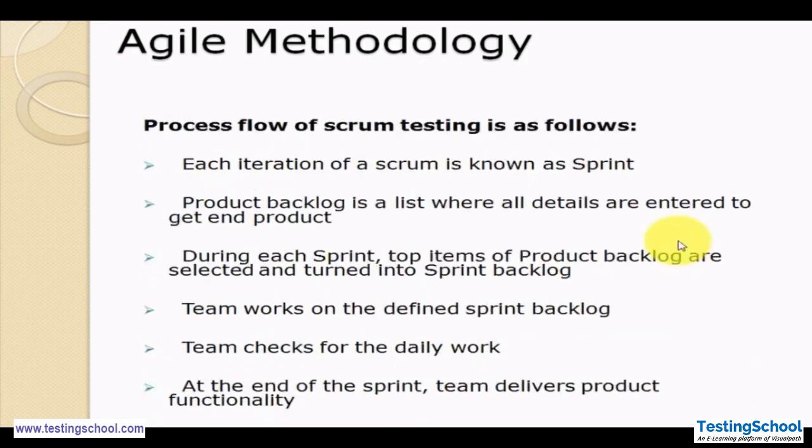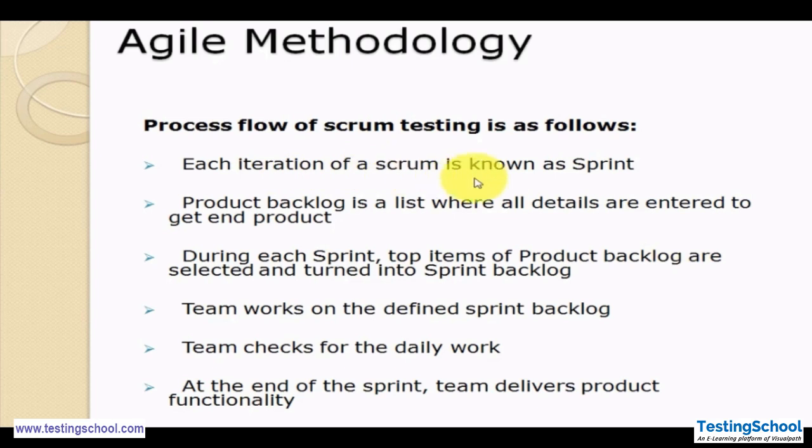Let's move further. What is the process that we follow in our Scrum testing? In Scrum testing, we have iterations; each iteration of a Scrum we call a sprint. That is the first thing.